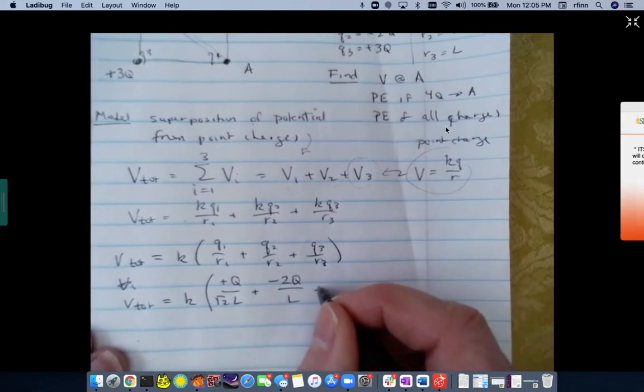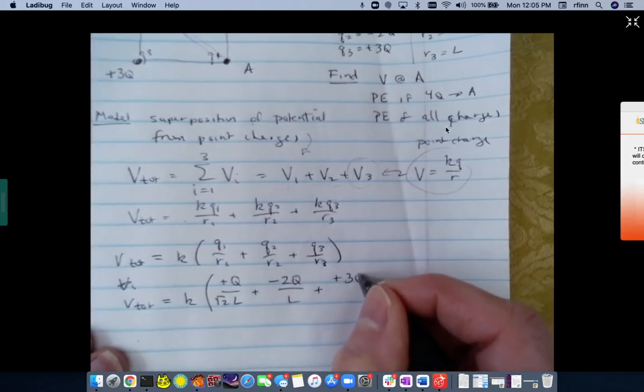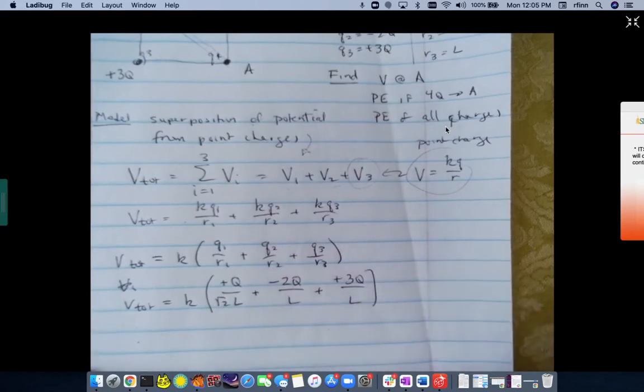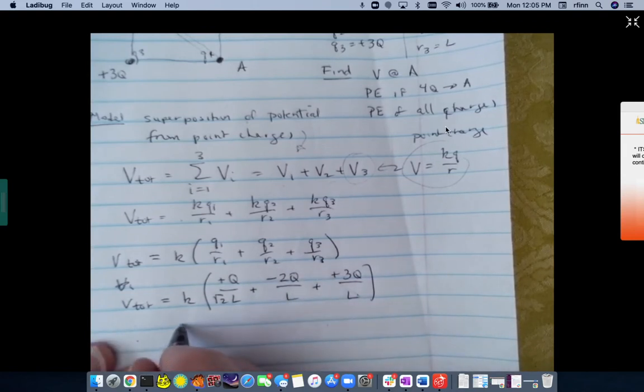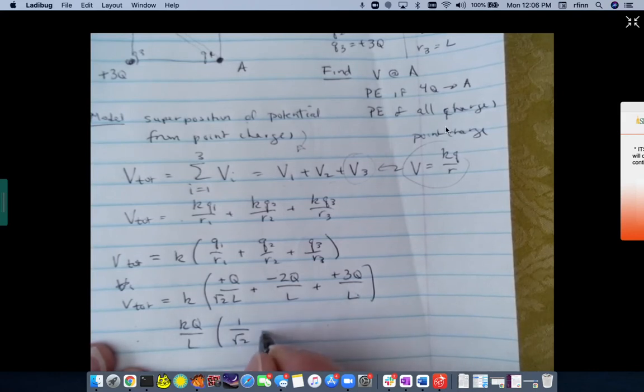And Q3 is plus 3Q, and it's also a distance L away. We can now also factor out a Q over L. So I get kQ over L, and I'm left with 1 over the square root of 2 minus 2 plus 3.